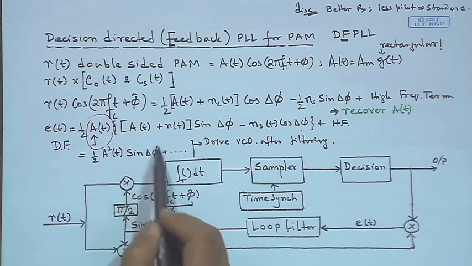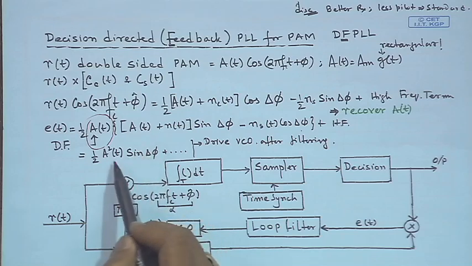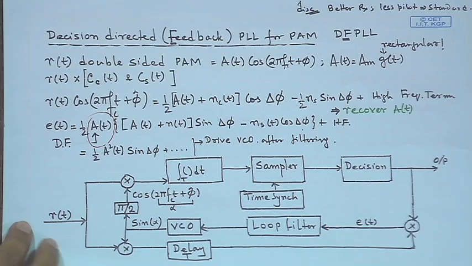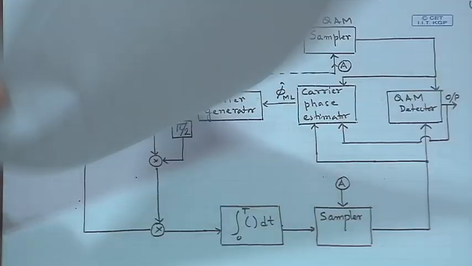So, we will be left with only the sin delta phi term, even the fluctuations would go away, and therefore we could build this kind of a circuit. So, this kind of a structure is also possible to use. Of course, there is an approximation involved in this kind of implementation.